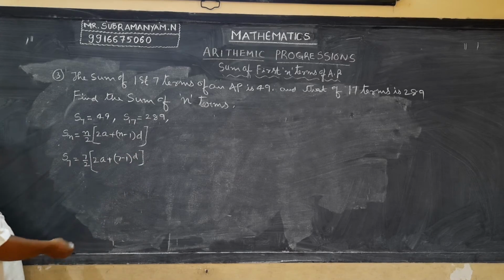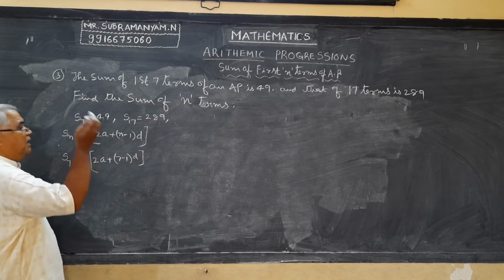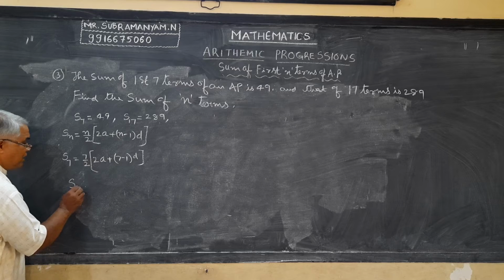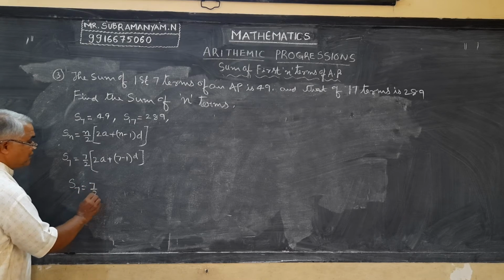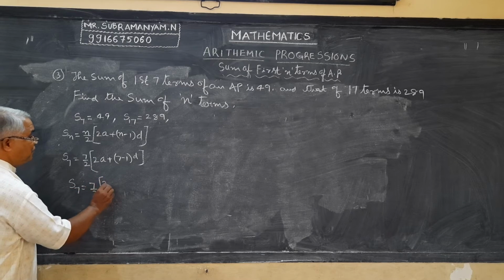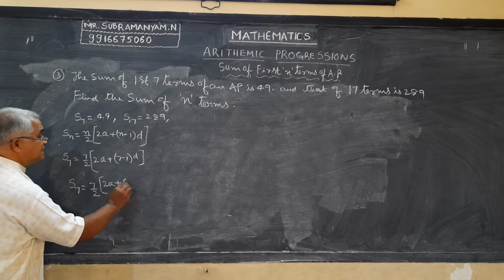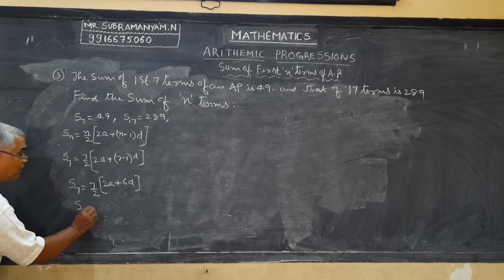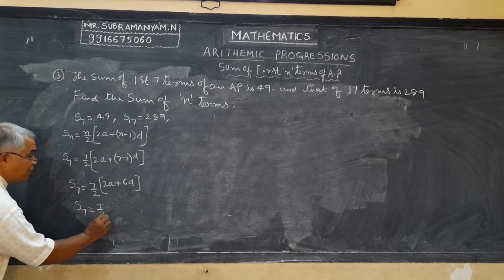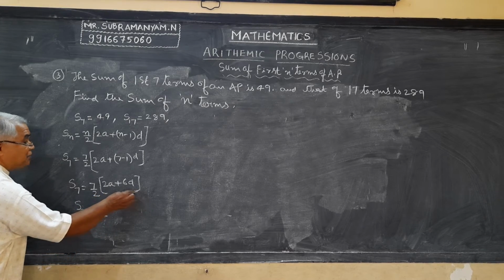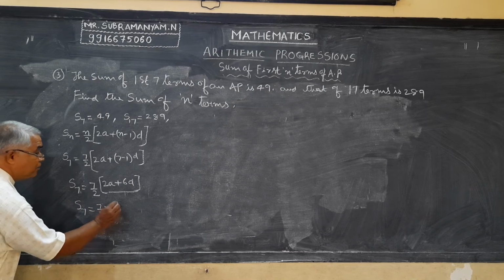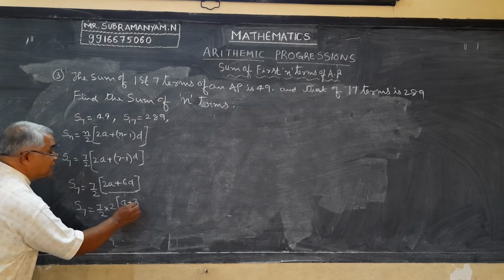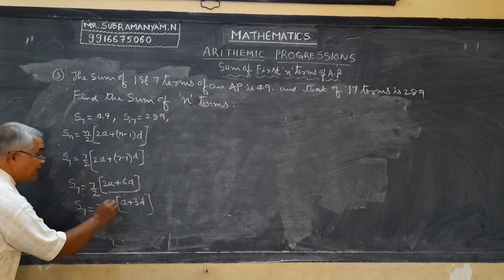We don't know the value of d. In this problem we should calculate a value and d value. So S7 equal to 7 by 2 into 2a plus 6d. From this we take 2 common: 2 into a plus 3d. We can cancel these two.